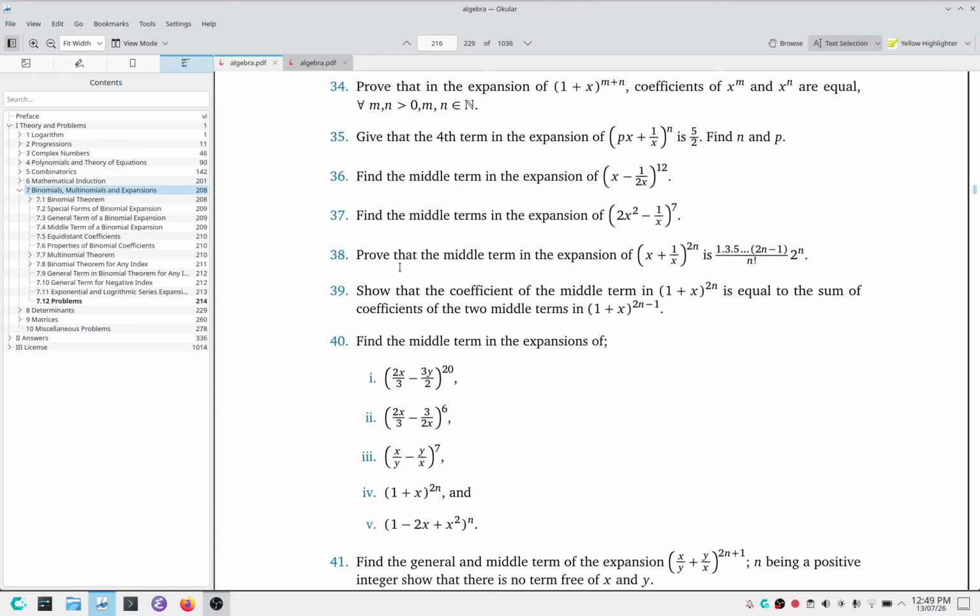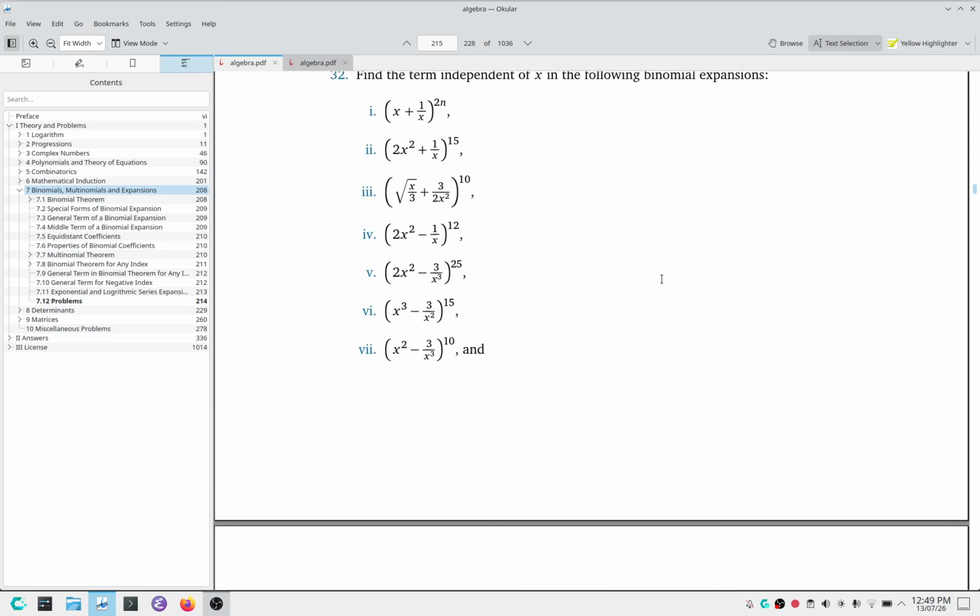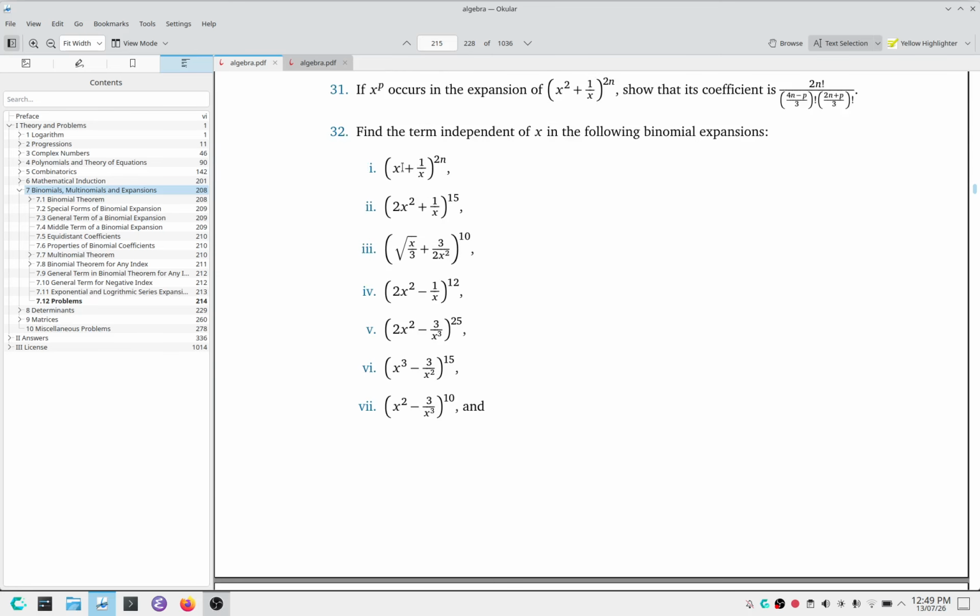Question 38 says: prove that the middle term in the expansion of (x plus 1 upon x) raised to the power 2n is 1.3.5 times up to 2n minus 1 divided by n factorial times 2 raised to the power n. If you remember, we have computed this. You look at question 32 first.